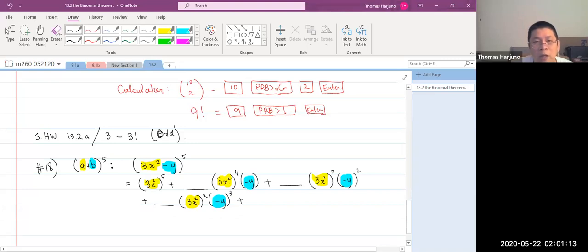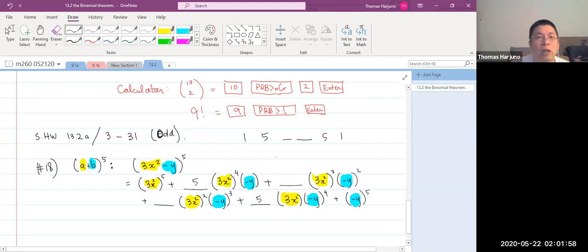Plus something a times b to the fourth plus b to the fifth. Okay, now how about the coefficient? The coefficient must be 1, 5, something, something, 5, 1. n is 5, so there should be 6 terms. But this will be 5 here, this will be 5 here.